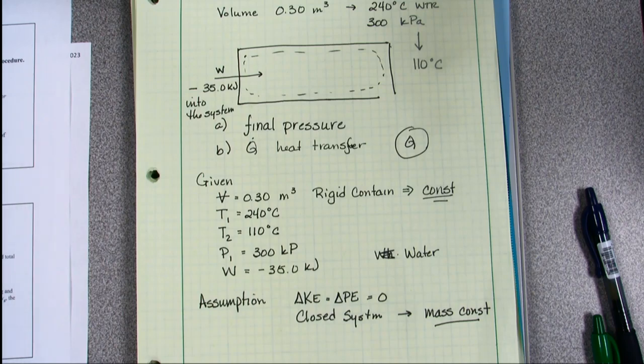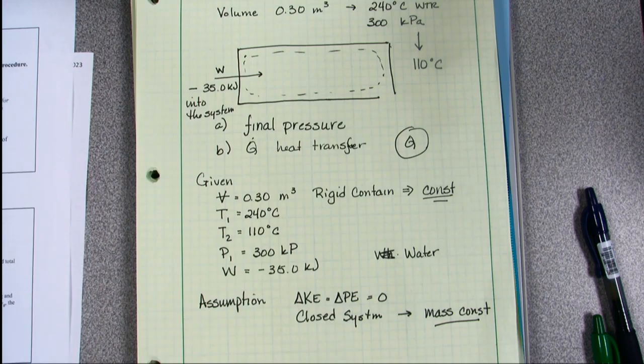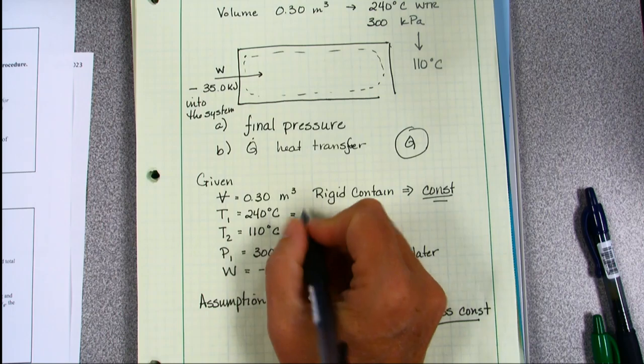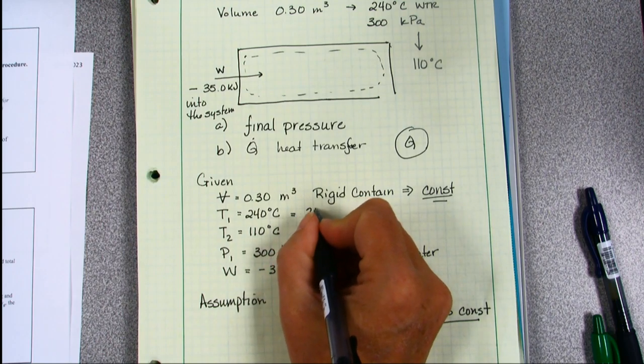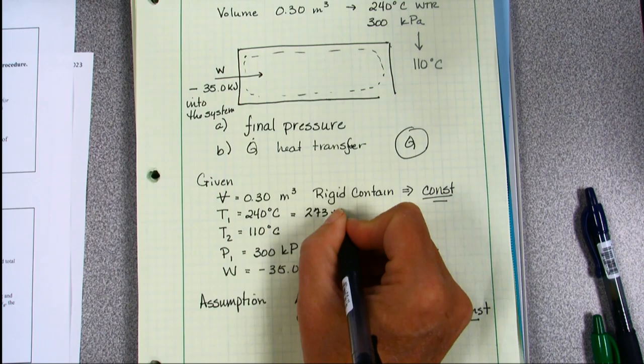Okay, so my pressure, I'm going to look at this real quick. Okay, pressure temperature. So my pressure is 0.3 kilopascals. My temperature is 273 plus that.